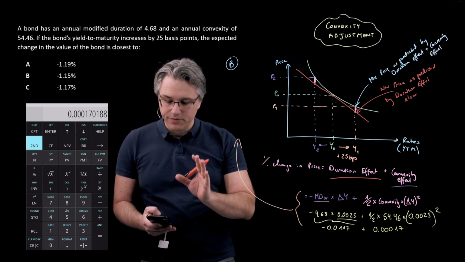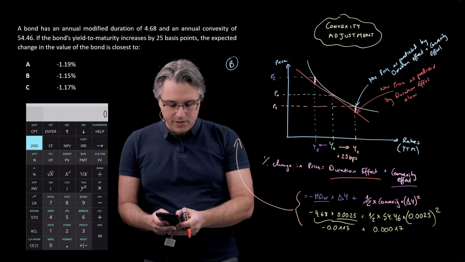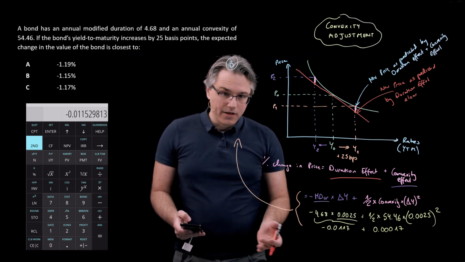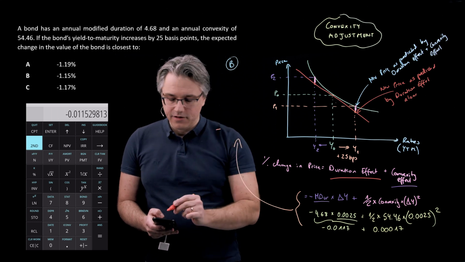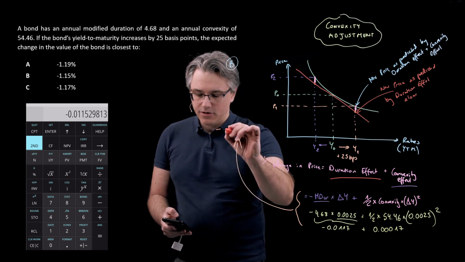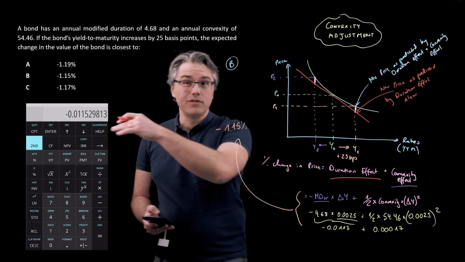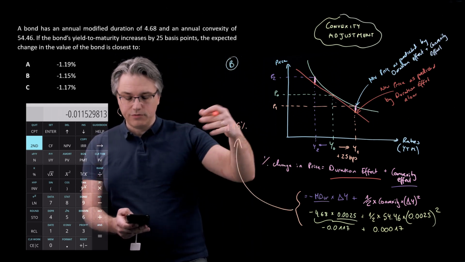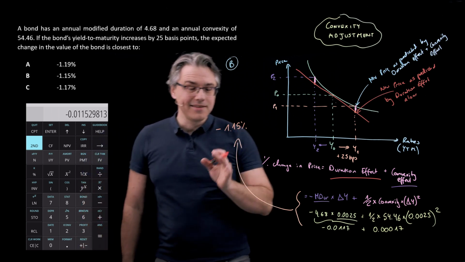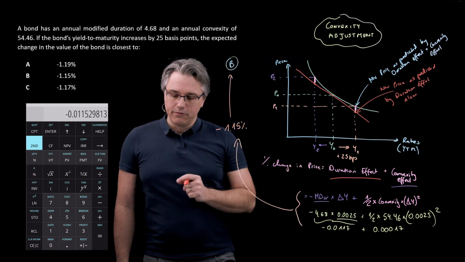I've still got my 0.0017, and that's a positive figure, minus 0.0117. The answer, which I'm looking at, is a negative 0.0115. And let me express this as a percentage. That's going to be a negative 1.15, obviously point something percent, 1.1529 or 3. But when we round this to two decimal places, it's 1.15%, which is absolutely what we already had written down as answer B.